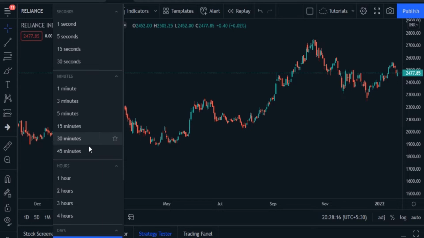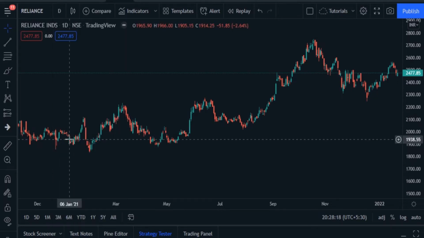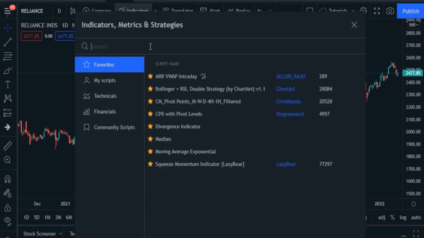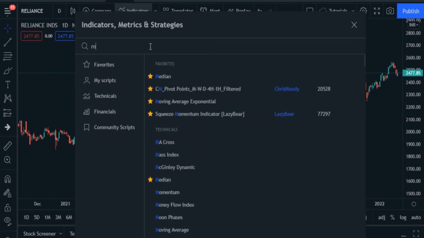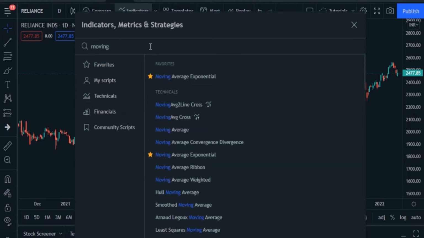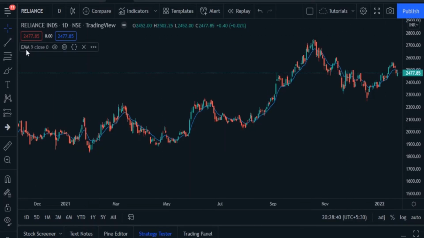The time frame that we are using here is the daily time frame. Now let us add the 20-day exponential moving average. For this, I will be typing here moving average. And once you type this, you get an indicator called moving average exponential. I will add this to my timeline. And right now you can see the setting is 9.